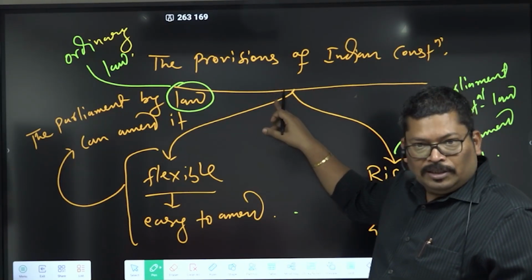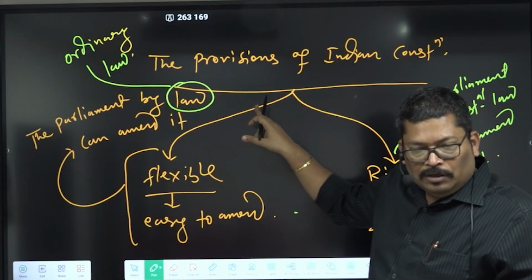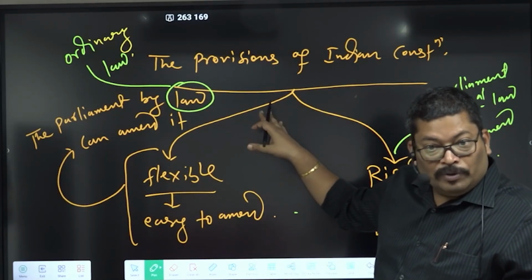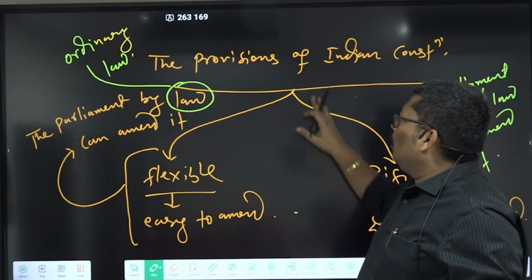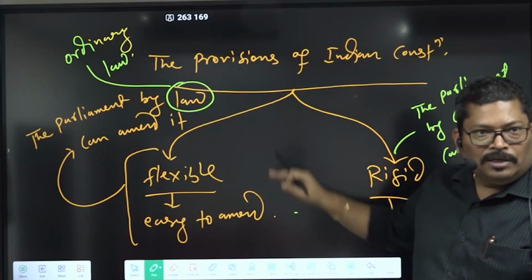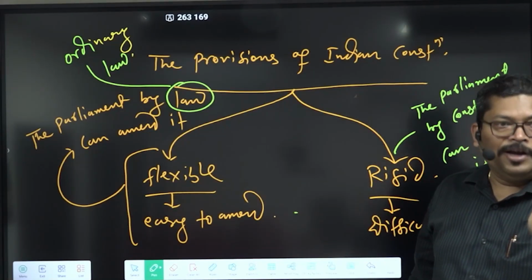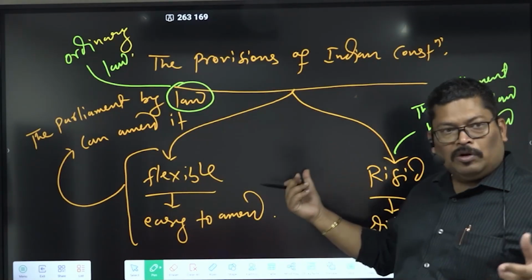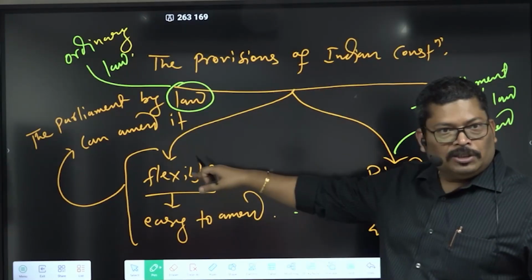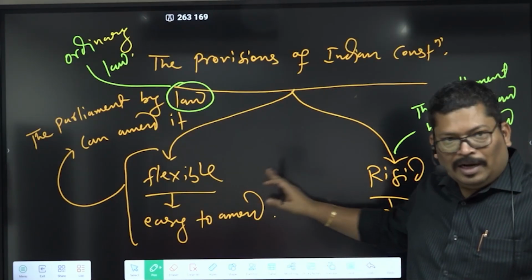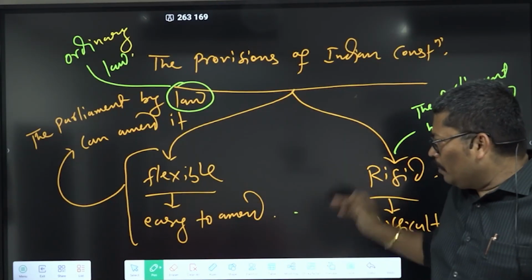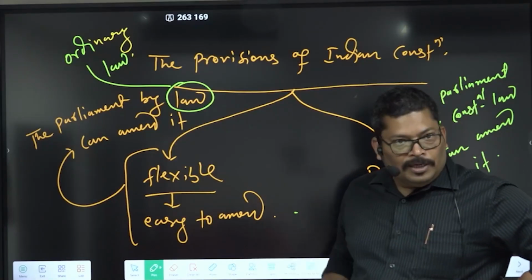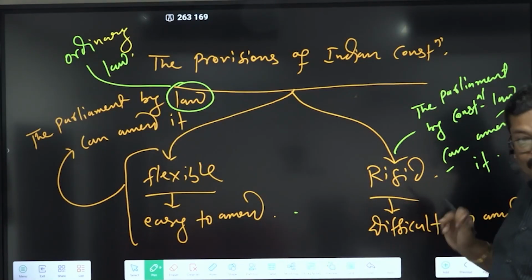Constitutional amendment means amendment across the provisions of the Constitution. Amendment to Indian Constitution means amendment across the provisions of Indian Constitution. And it is known to all of us that Indian Constitution has two sets of constitutional provisions, flexible and rigid. Flexible provisions are easy to amend, rigid provisions are difficult to amend.